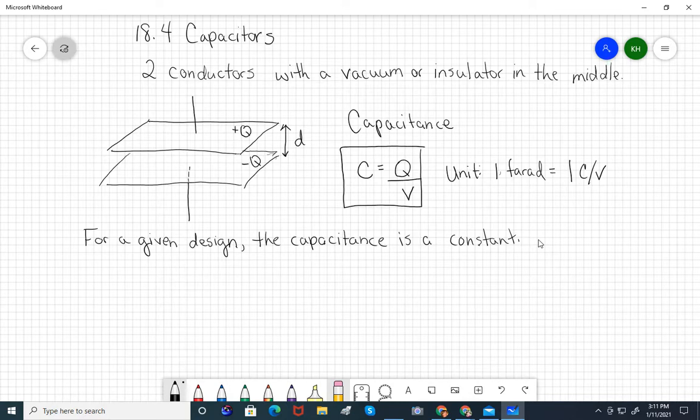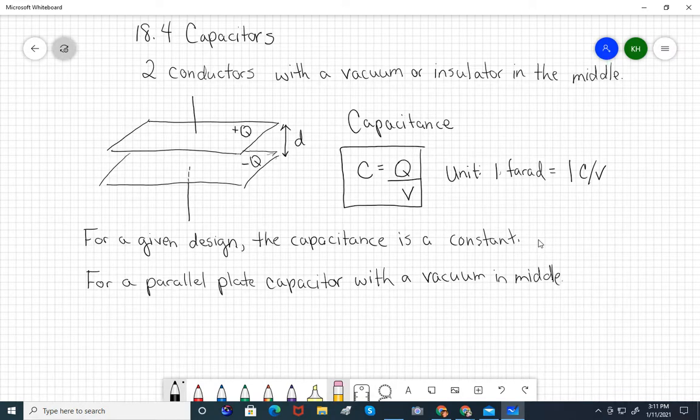So for a parallel plate capacitor with a vacuum in the middle, we find that the capacitance is equal to epsilon naught A over D. A equals the area of the plates, so that's going to be in meters squared.